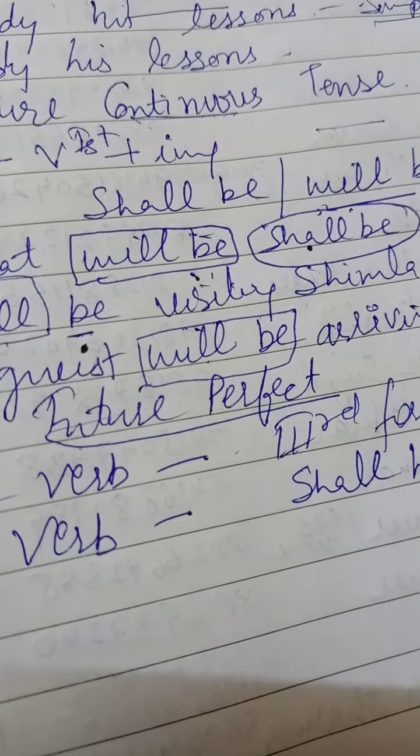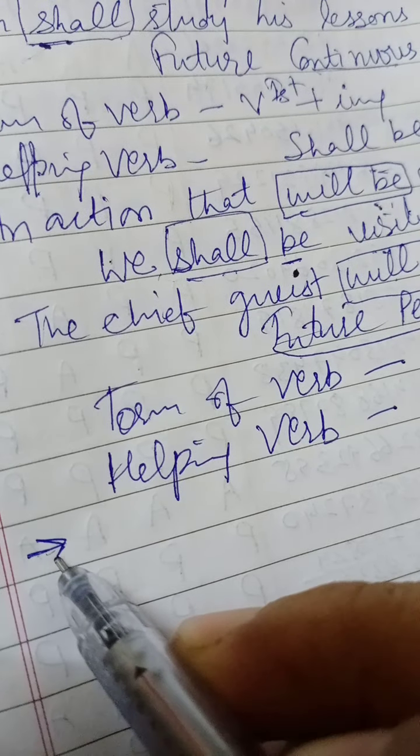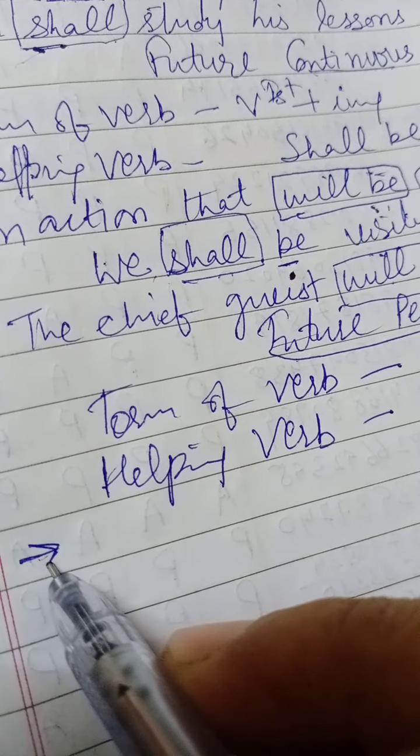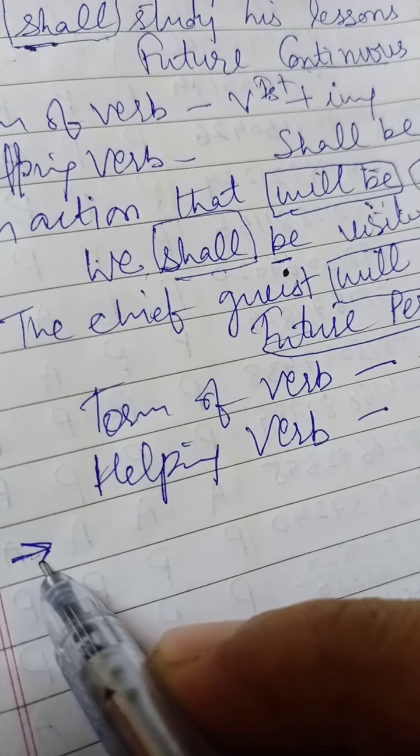Okay, and what are the uses of this one? To describe an action that will be completed in future time with some point of time.